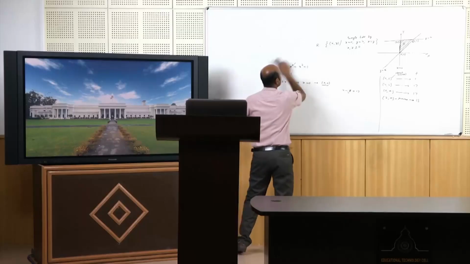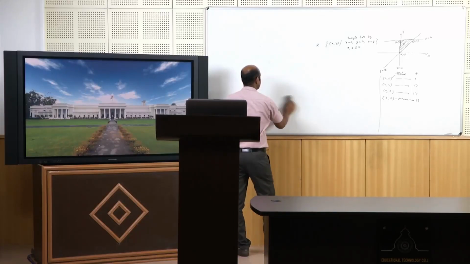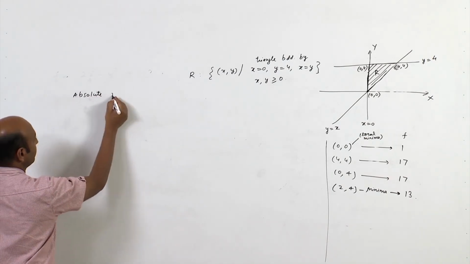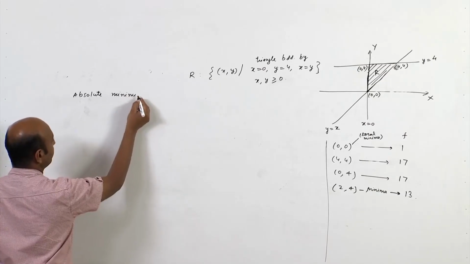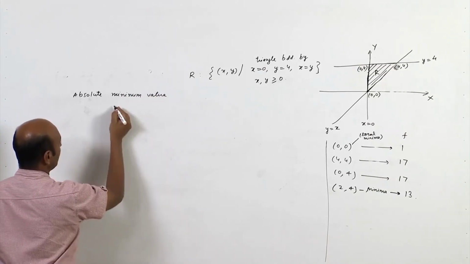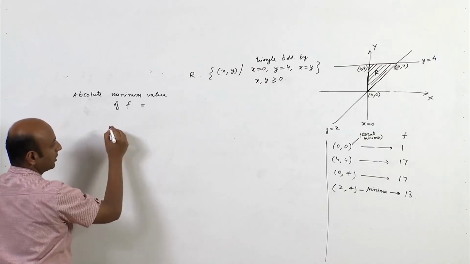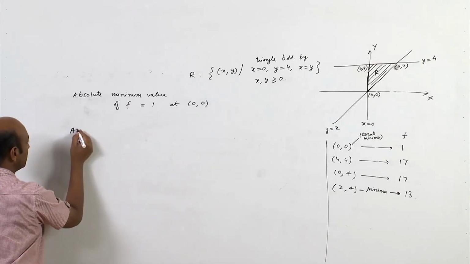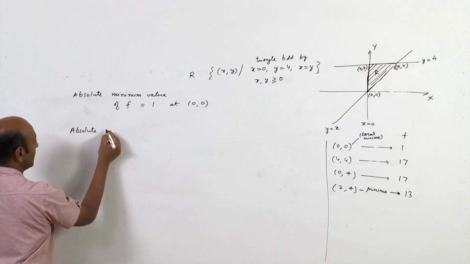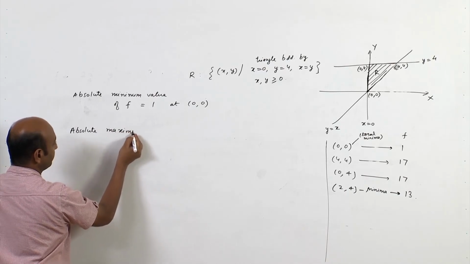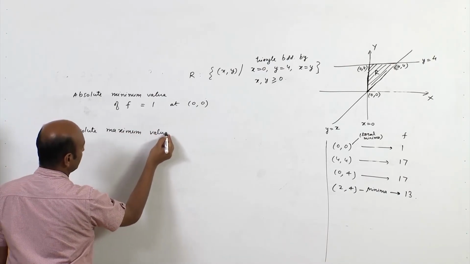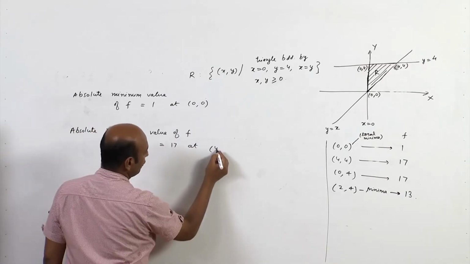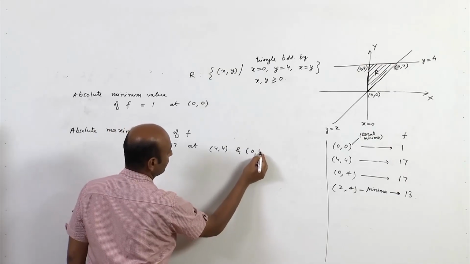So, we can say that this function has absolute minimum value of f equal to 1 at 0 comma 0, and absolute maximum value of f equal to 17 at 4 comma 4 and 0 comma 4.